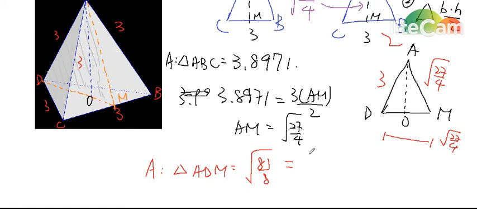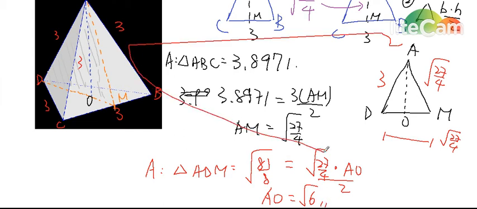It is DM, here the square root of 27/4, multiplied by the height AO, over 2. So we calculate AO and we can find the answer. It is the square root of 6. So the height of this tetrahedron is the square root of 6.